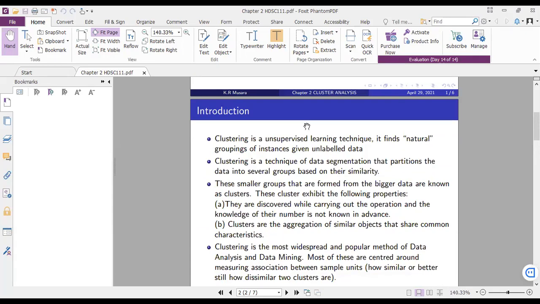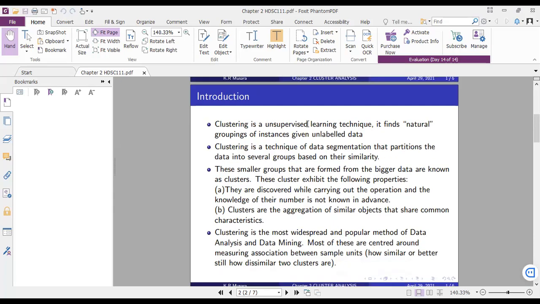You're only given input data and no output data, and the grouping may be based on some similarity or dissimilarity. Clustering is a technique of data segmentation that partitions the data into several groups based on their similarity.